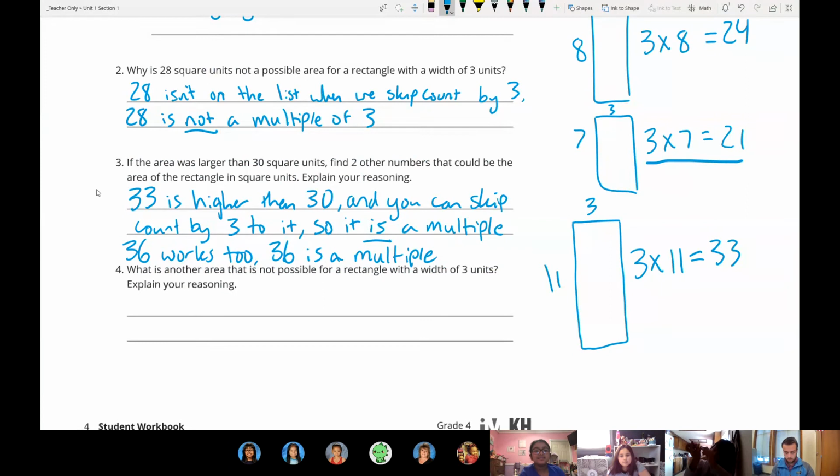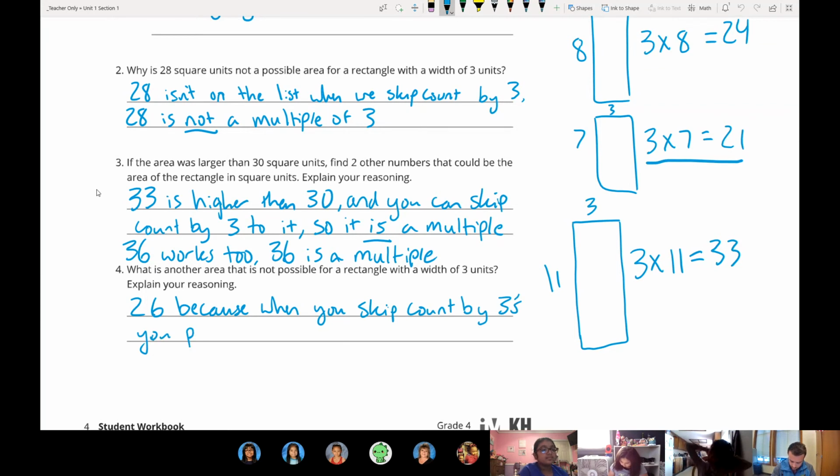26. Okay, and you want to explain your reasoning? Because when you count by 3s, you go past 26. All right, so 26, because when you skip count by 3s, you pass 26.